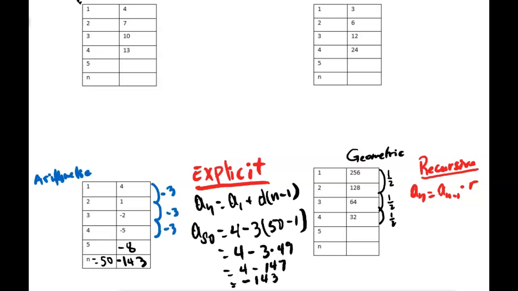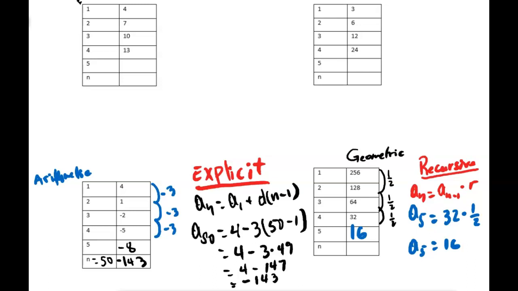In this case, a sub 5 equals the previous term, the fourth term, which is 32, times the common ratio, 1/2, which is divided by 2. 32 divided by 2 is 16. So a sub 5 equals 16.